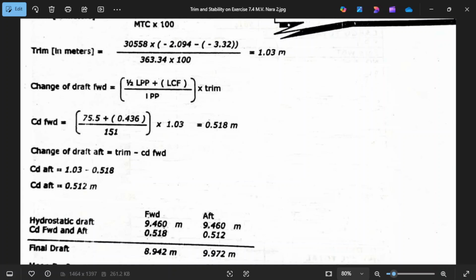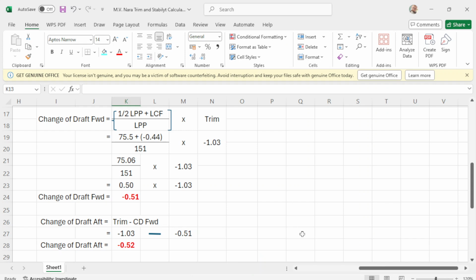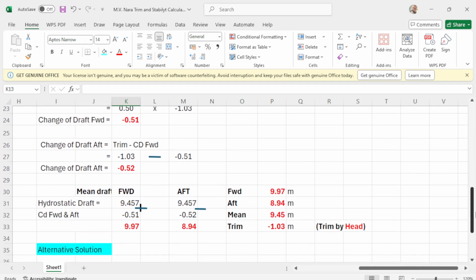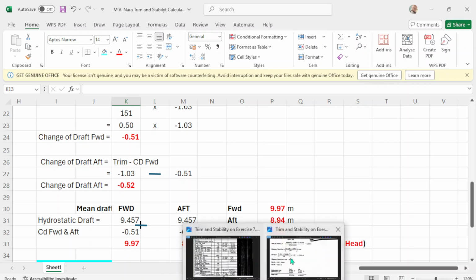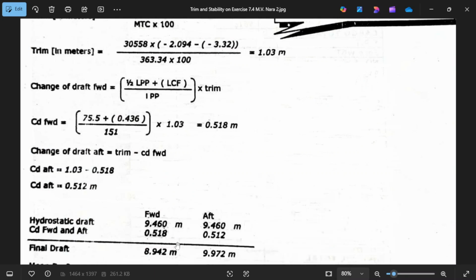I got forward is 9. Is this up? Excuse me. I want to recheck. Drop forward is 8.942. Forward should be minus, okay?